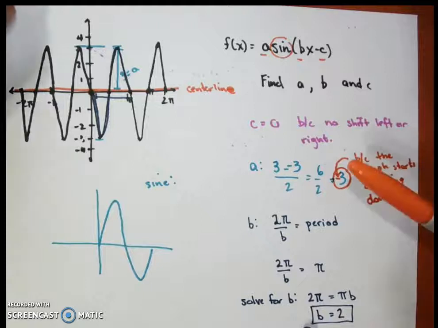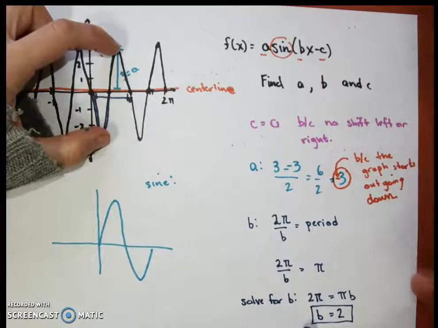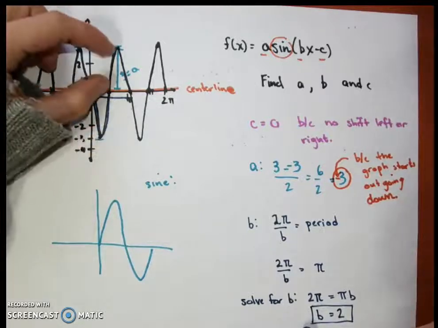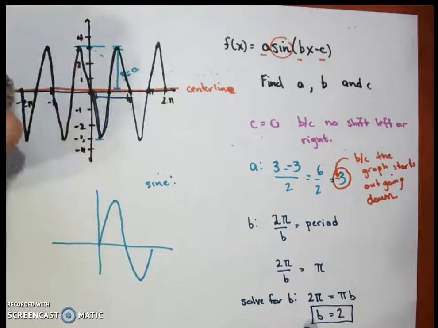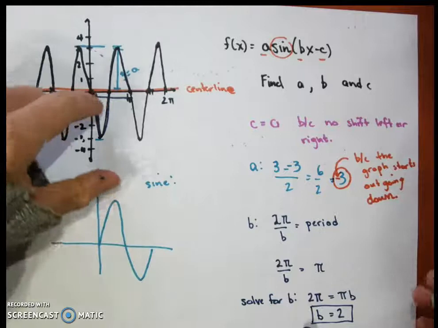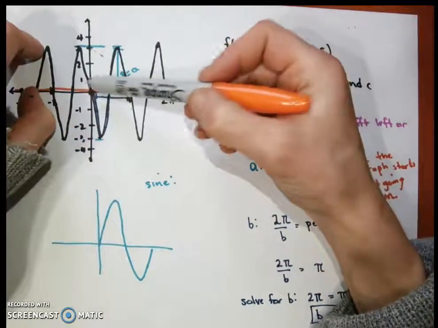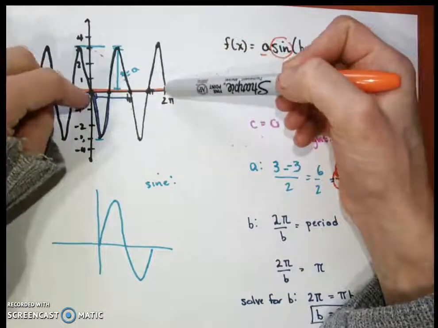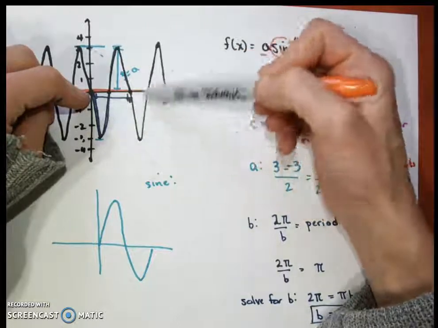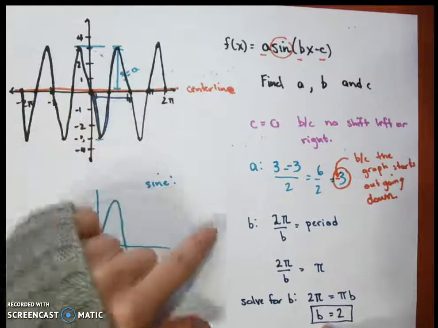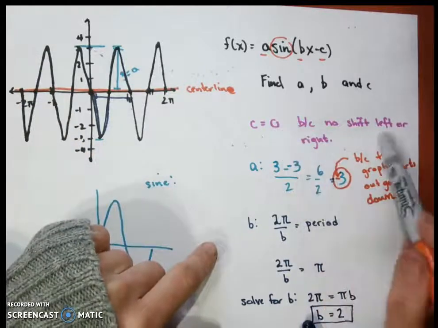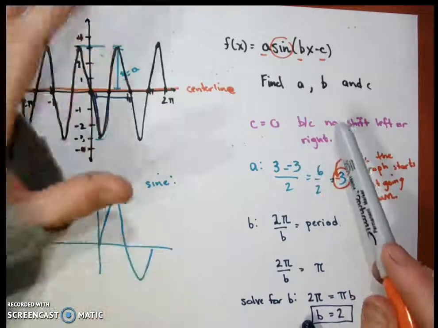Okay, so 3 pieces. Amplitude, well, I guess 4 pieces. Amplitude, the height of a wave. Negate it because we've flipped the normal graph. Change the period because instead of completing one cycle over the course of 2 pi, we complete 2 cycles over the course of 2 pi. So b is 2. And notice if there are any shifts left, right, up, or down.